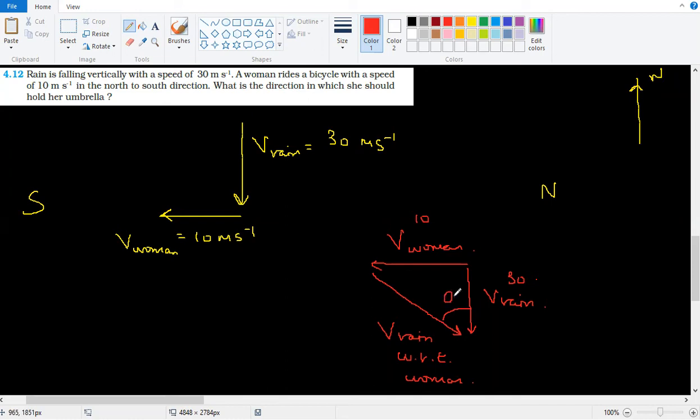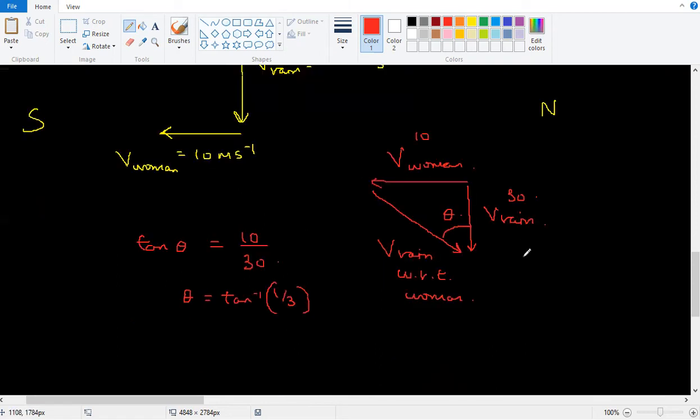This is the angle which you need to find. So tan theta is equal to opposite by adjacent, 1 by 3. So theta is equal to tan inverse of 1 by 3. 1 by 3 is 0.3, which is less than tan 45, which is 1. So 1 by 3 must be 1 by root 3. I don't know, something less than 30 degrees. Okay, that's all. So take it down.